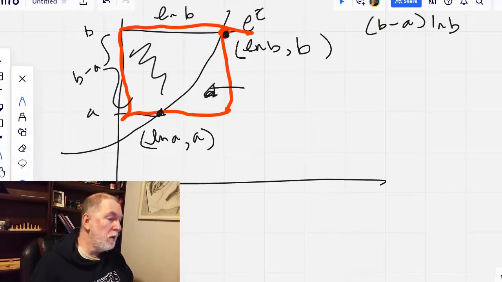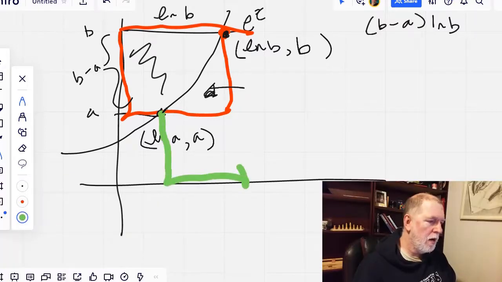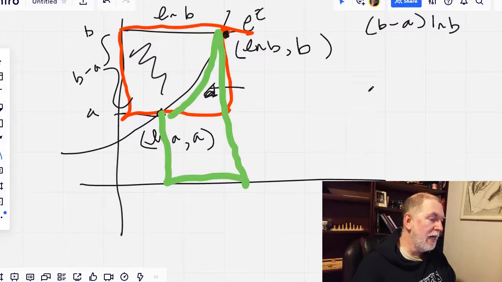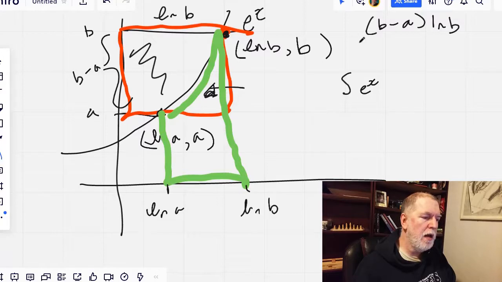So what we're going to do, and we're going to do black pen, green pen, red pen, let's work out this whole green area. And that is our super-duper easy integration. It's the area under the e to the x curve, but it's got to be between log of a and log of b.